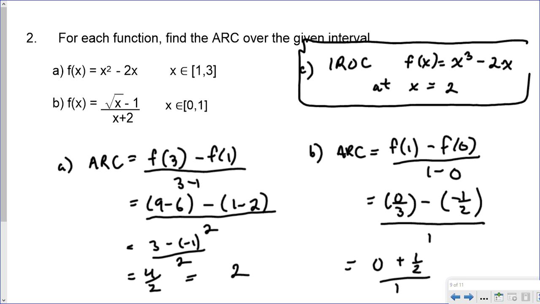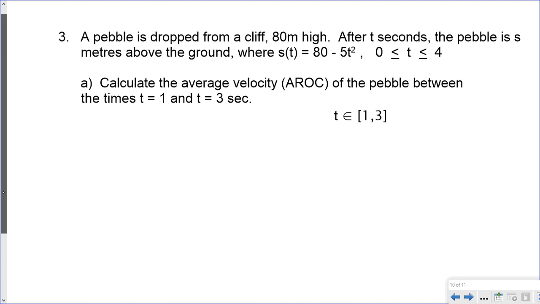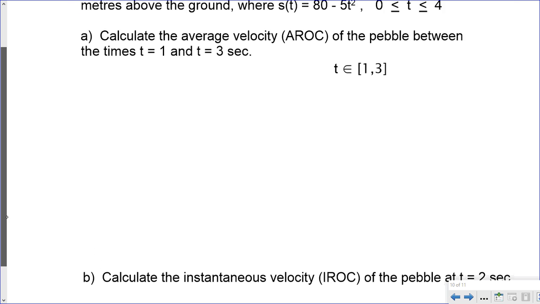I'm giving you 1 point and a function. We'd still use the formula, right? But we just go a little bit off that point at x equals 2. I'll do one in the next and last example here. I think we're going to do b, instantaneous rate of change.